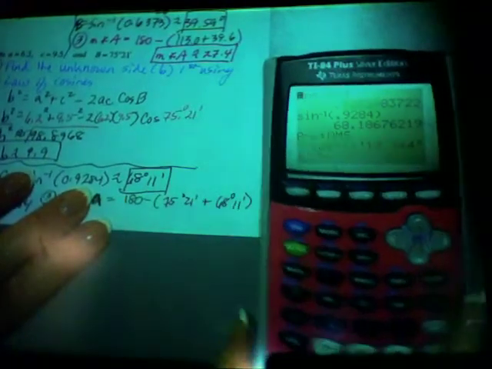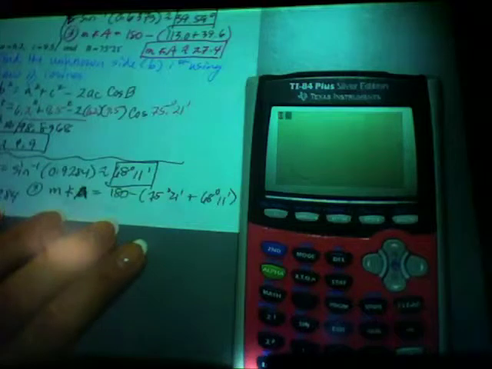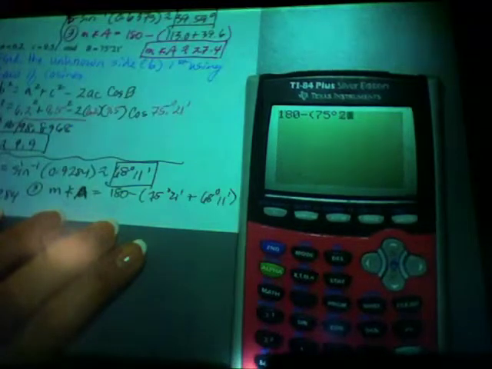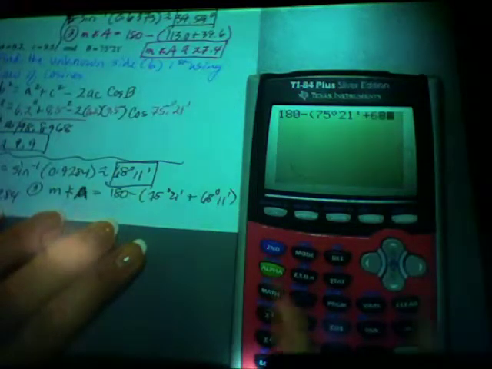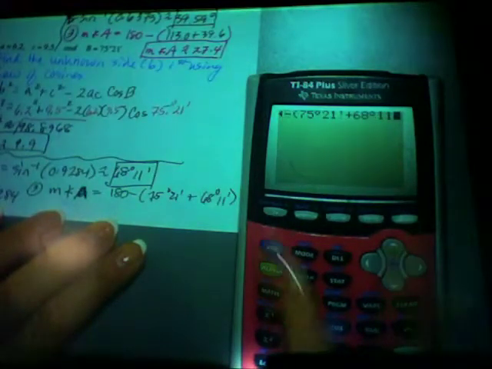So again, use your calculator. Let it do the work. So 180 minus 75 degrees, 21 minutes, plus 68 degrees, 11 minutes.